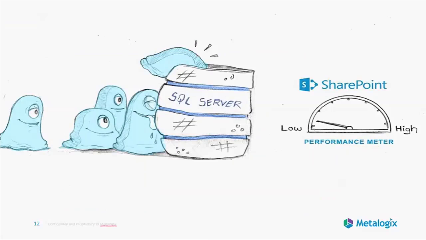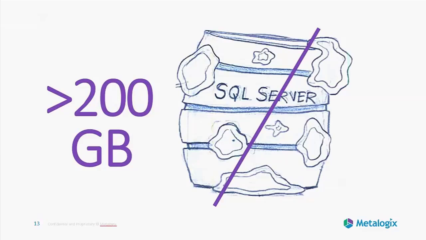Now, when you add all of these content and files into SQL Server, performance really starts to suffer. And so Microsoft, in addition to file size limits, had come up with some recommended limits around database sizes. And for many, many years, that recommended limit has been 200 gigabytes.